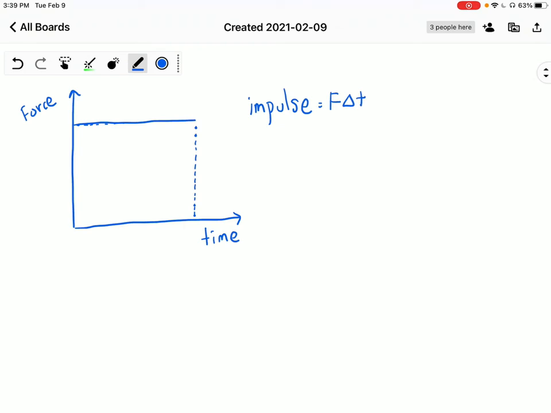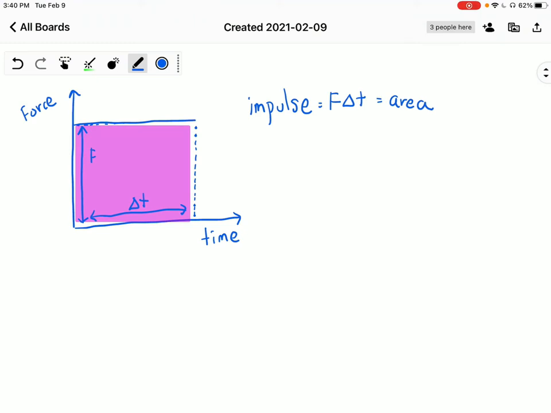And so impulse can be found from the area under that graph, which has a height F and a width delta t. So it checks out. The area of that rectangle is F delta t, and the formula for impulse is F delta t, so impulse is the area of that rectangle.